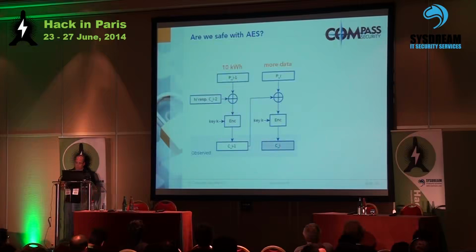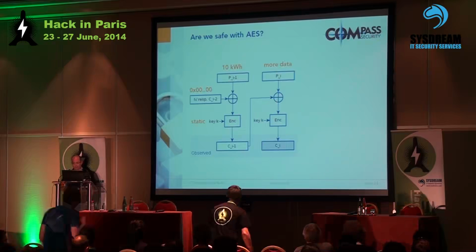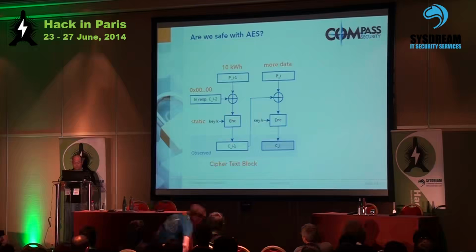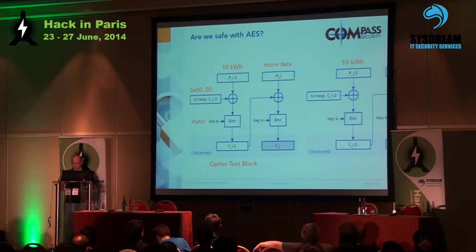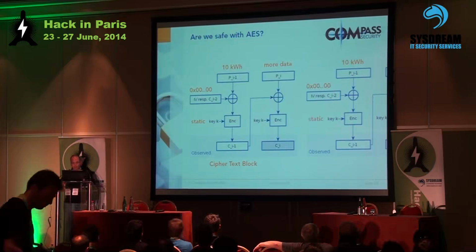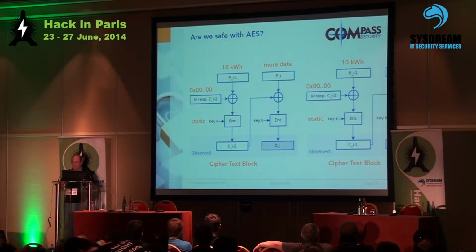So it's still 10 kilowatt hours, it's still the same IV and it's still the same key, so it turns out it's the same ciphertext block. So when you try to figure out whether someone is at home or not, just be patient enough and wait for a few packets and see whether they are still always the same. I mean, they're encrypted, you don't get any clue what's in there, but if they are the same, then you can basically conclude that there is no one at home because they're not using any energy.